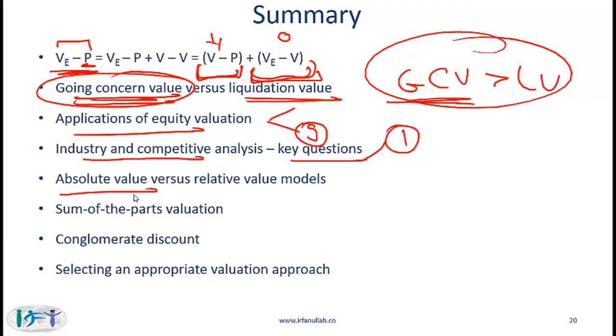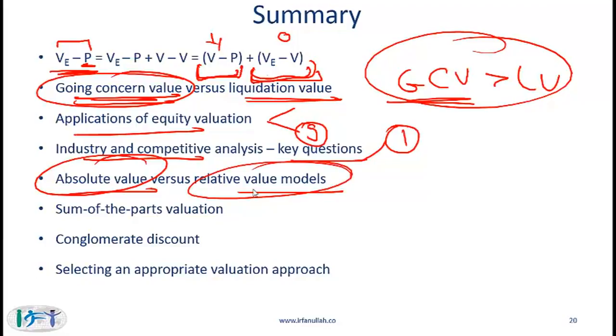You need to understand the distinction between absolute value versus relative value models and which models to use in what scenario. Absolute value models are like the dividend discount model or the free cash flow models, where you project some variable related to the company, and then you take the present value to come up with what the value of the company should be.